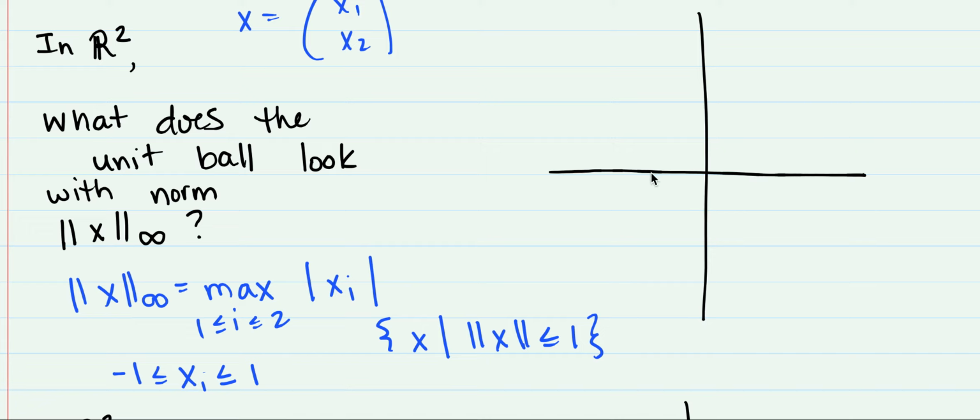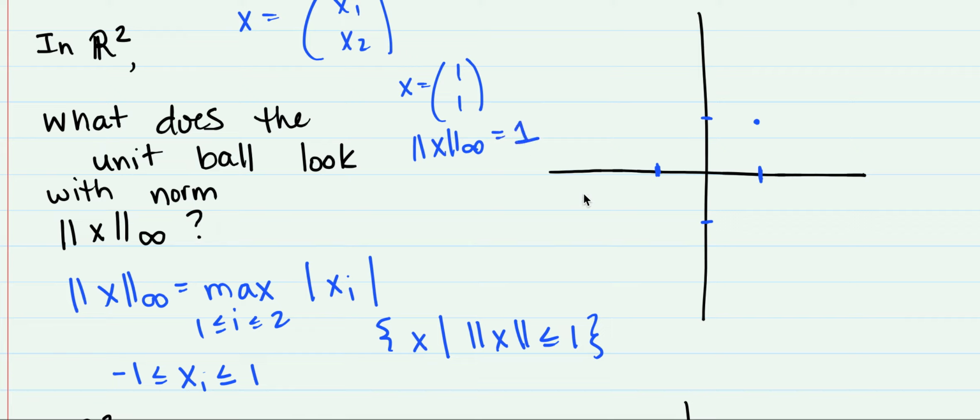So then my unit ball, we could have the vector, let's say 1, 0. We could also have the vector 0, 1. We could have the vector -1, 0 and 0, -1. But we could also have the vector 1, 1. So if x is 1, 1, then this infinity norm is equal to 1.